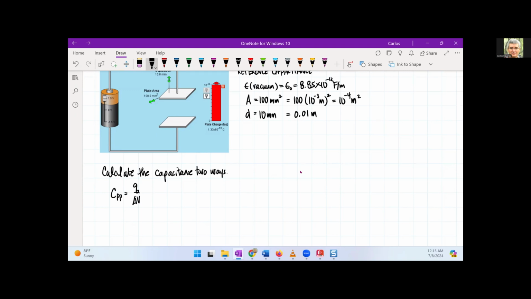So I'm going to take the charge that's given, which is 1.33 times 10 to the minus 13 coulombs. Then I'm going to divide that by 1.5 volts. And when I compute this, I get 0.887 times 10 to the minus 13 farad.